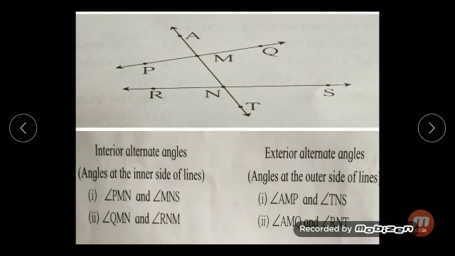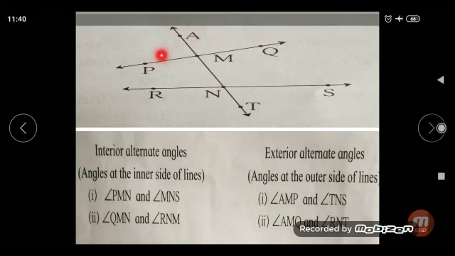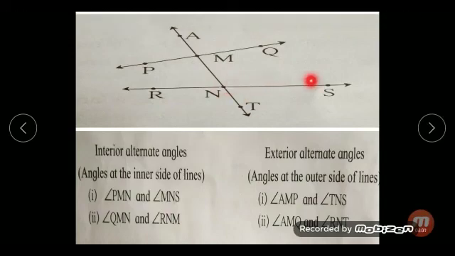The other example: interior alternate angles are angle PMN and angle MNS. Similarly, angle QMN and angle MNR. Exterior alternate angles are angle AMP and angle TNS.